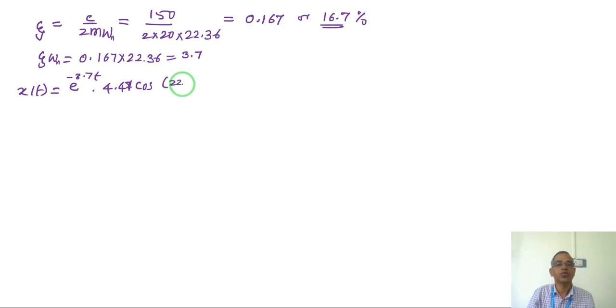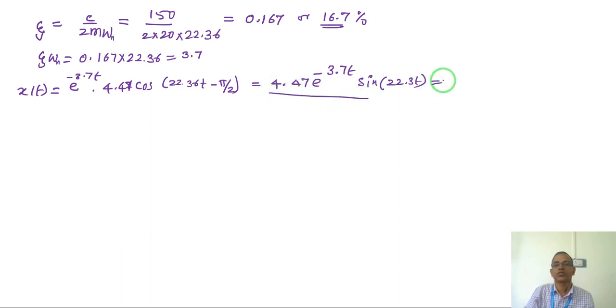Omega is 22.36 t minus phi, which is pi by 2. So pi by 2 means we will get a sine. So 4.47 e to the power of minus 3.7 t into sine of 22.3 t. This is the response x of t. So this is one part of the solution.